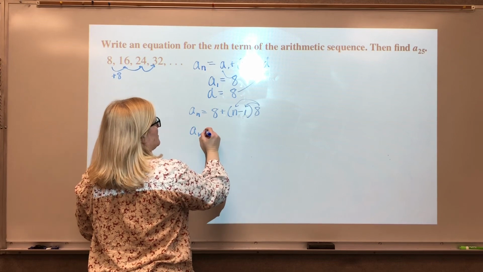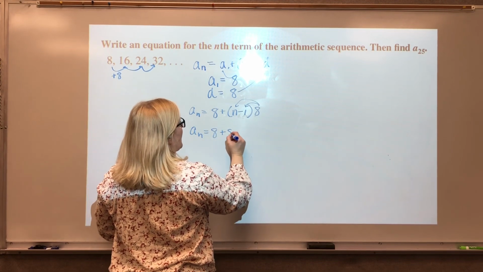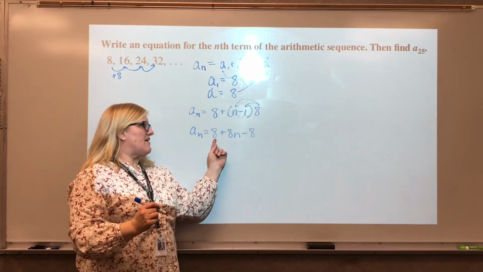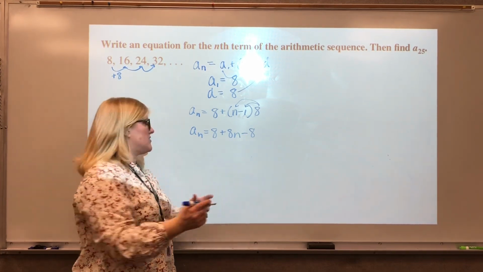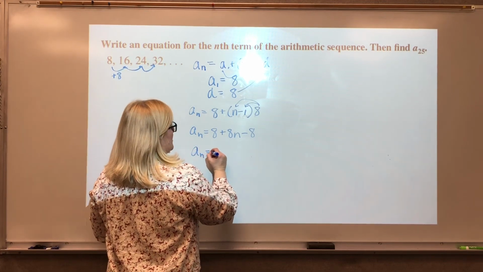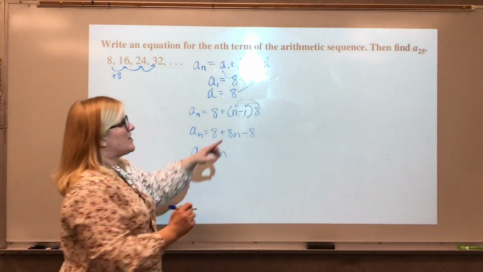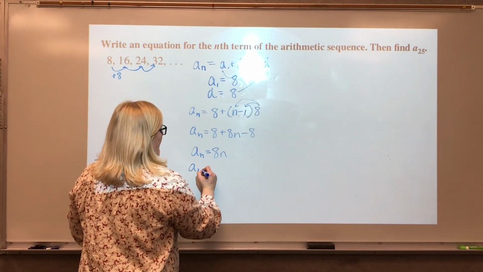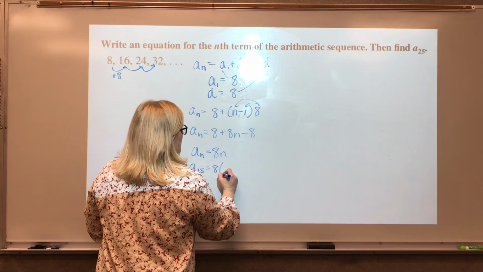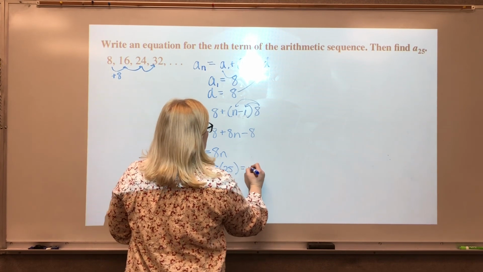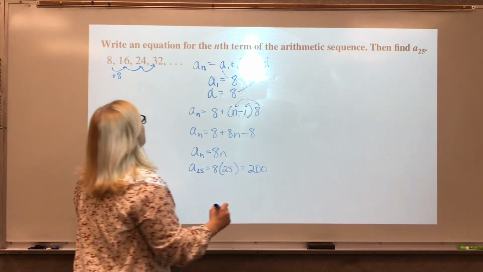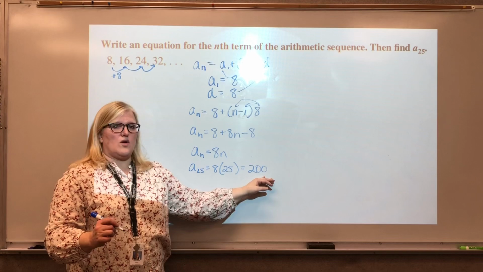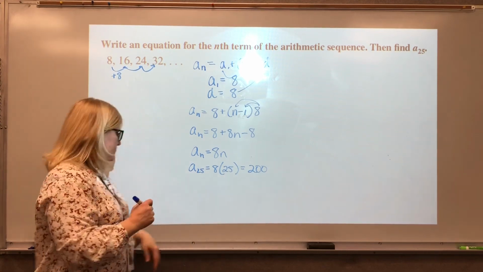So a sub n equals 8 plus 8n minus 8. And when I combine like terms, I have 8 minus 8, and they cancel out. So a sub n is 8n. And if I want to know a sub 25, I just plug in 25. So 8 times 25 is 200. So the 25th term of this sequence is 200, and I didn't have to write them all out.